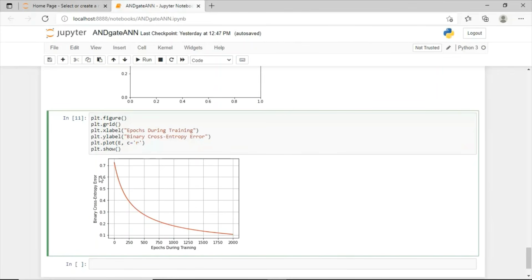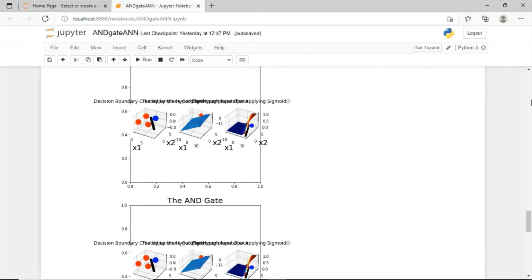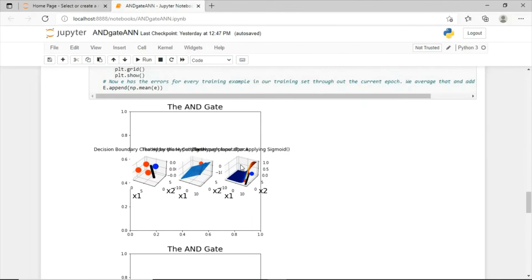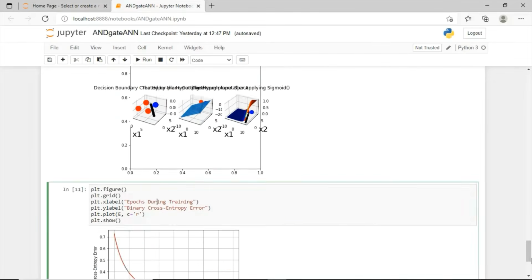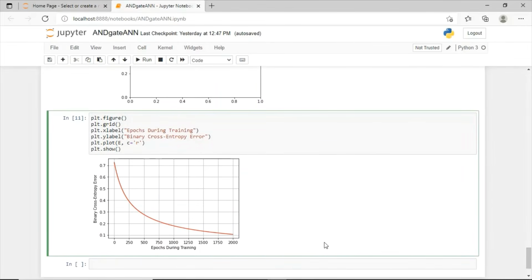This is the binary cross entropy error during the training, and this graph shows that it is comparatively good. So try to understand, whenever you are performing any classification, try to visualize the decision boundary, and also you have to track and plot the loss function.